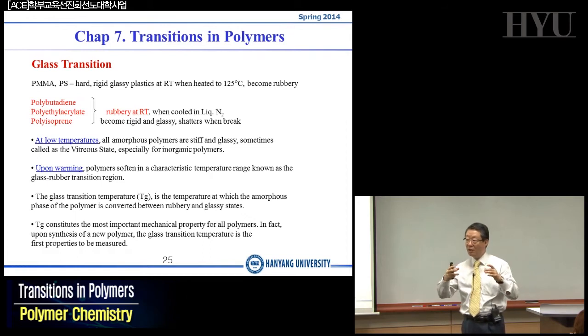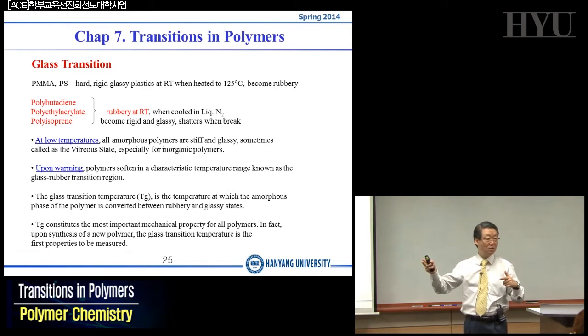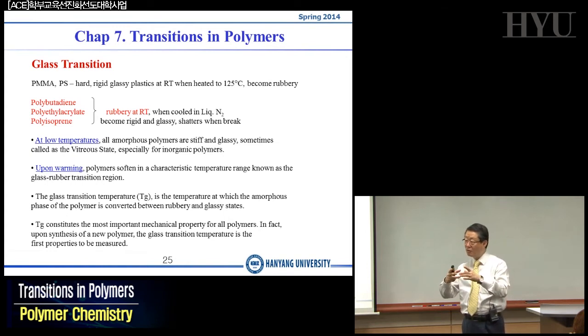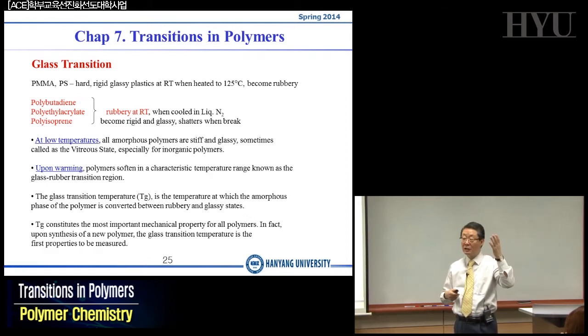So if you have aromatic rings in your backbone, your Tg will be much increased because of the non-flexibility of this six-membered ring, and also the benzene ring is very flat, so they can pack together, and the density will be much higher. These all contribute to the increase of the glass transition temperature.